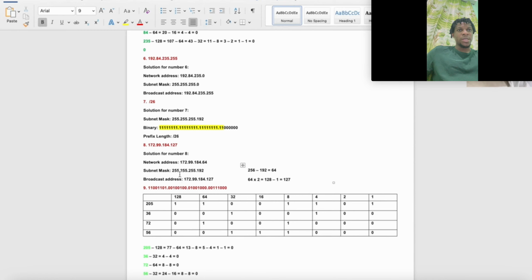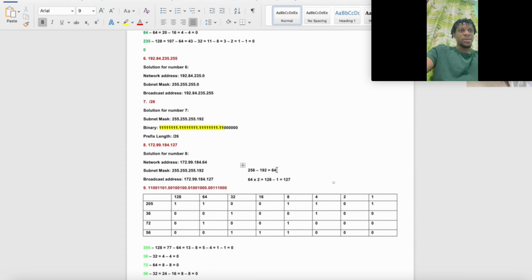Number 8. The IP address is 172.99.184.127. Solution for 8. Network address, subnet mask, and broadcast address. The network address is quite different, 172.99.184.64. The subnet mask is 255.255.255.192, which is 256 minus 192 equals 64.